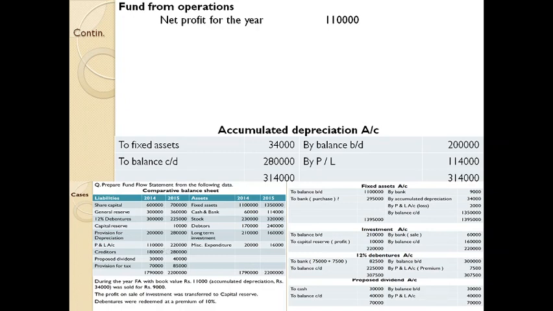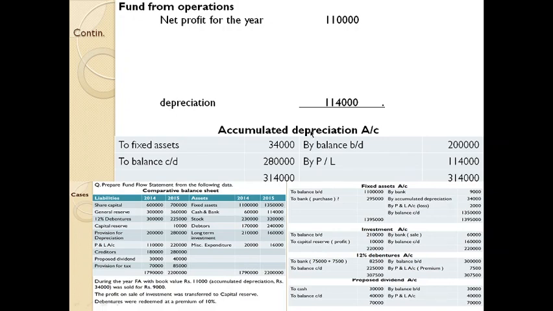And on 1,10,000 you will be adding all the non-operating expenses, which can be found in the concerned non-current accounts. So let us begin with the first one, accumulated depreciation. Here, see 1,14,000. Remember, in the fixed asset there is also one depreciation, and I have mentioned it countless times in the previous sessions.